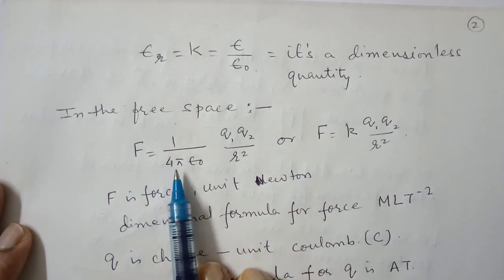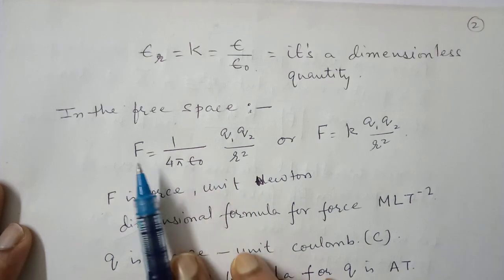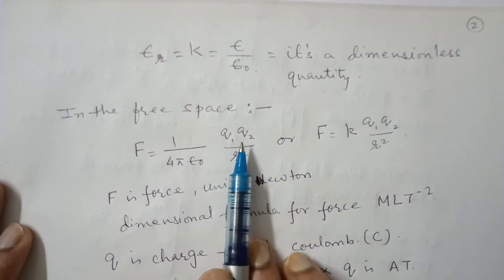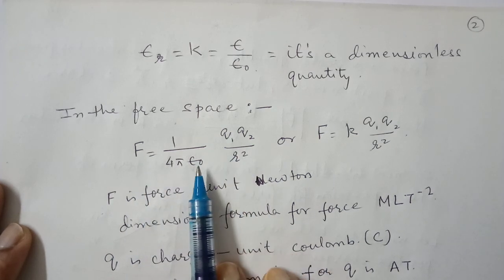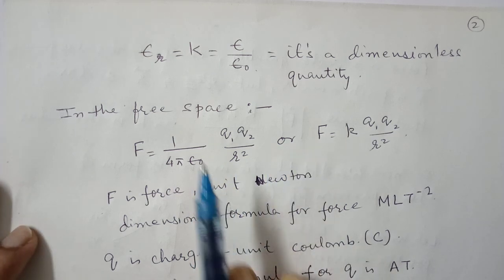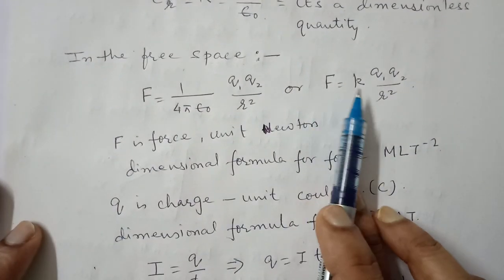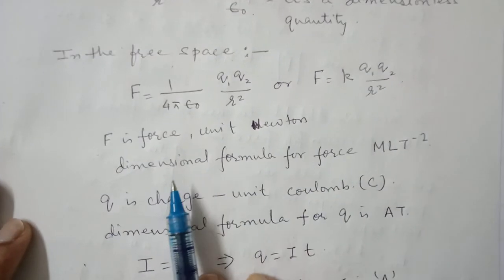Force is 1 by 4 pi epsilon naught Q1 Q2 upon R square. It is the force when the two charges are placed in free space. This 1 by 4 pi epsilon naught is denoted by small k.